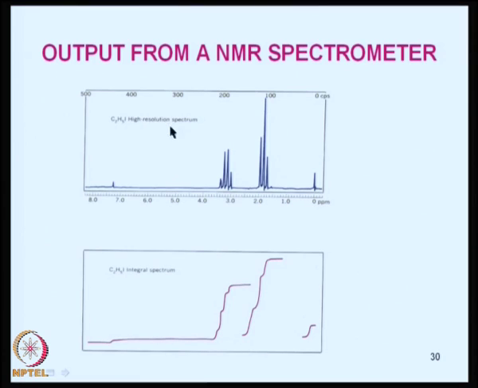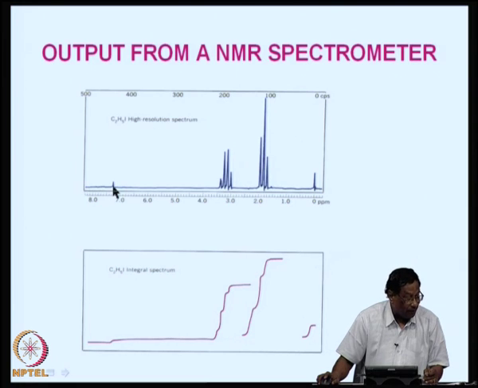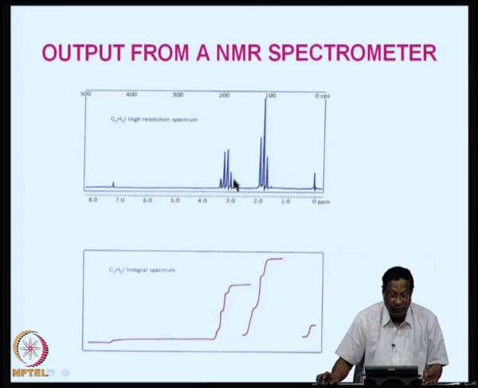Here is C2H5I, that is ethyl iodide, high resolution spectrum. You would get something like this, a single peak, and this is a multiplet, and these are the other peaks you would get. This is the integral spectrum, that is the total height of the peaks.